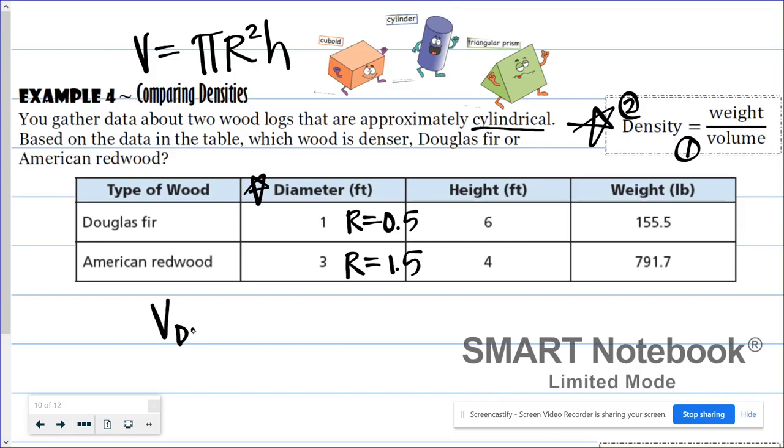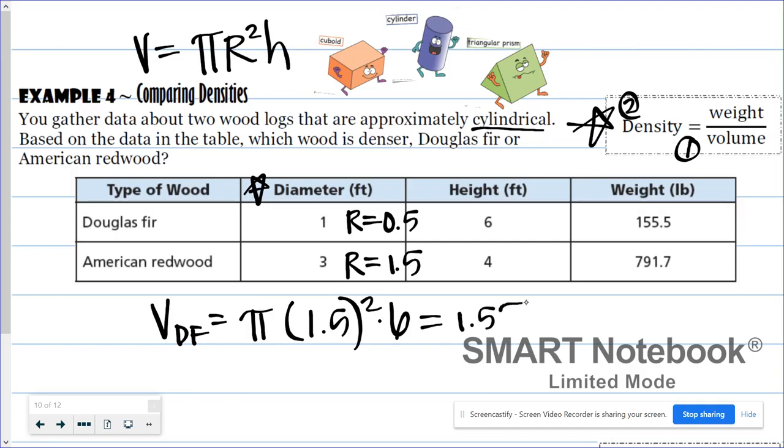Then I can go calculating my volumes. The volume of the Douglas fir is going to be equal to pi times the radius squared times the height, and that gives me 1.5 pi.